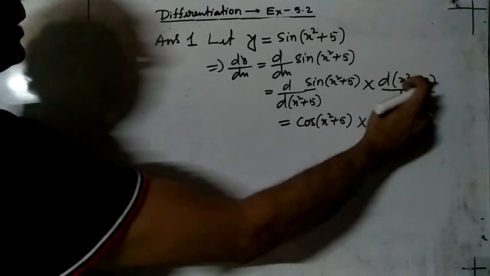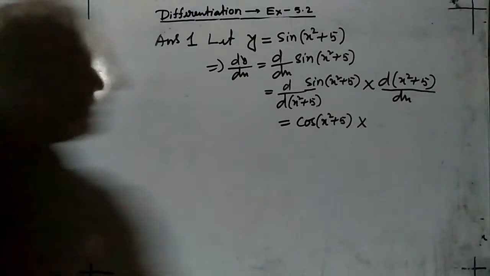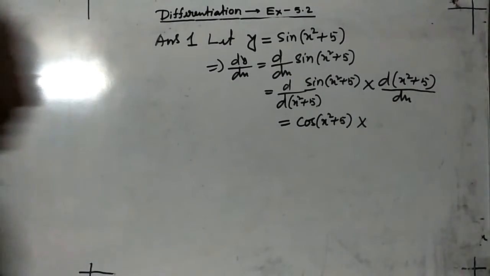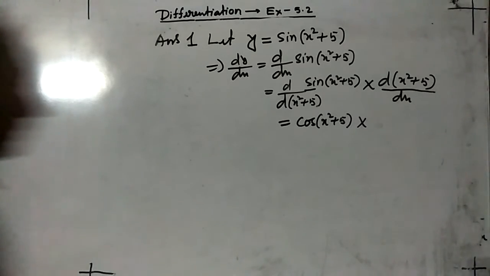Into, now is x square plus 5 a composite function? The answer is no. x square is an algebraic function, 5 is also an algebraic function. So when an algebraic function is directly given, we have to use the formula of algebraic functions. We know that the derivative of x to the power n is n x to the power n minus 1.